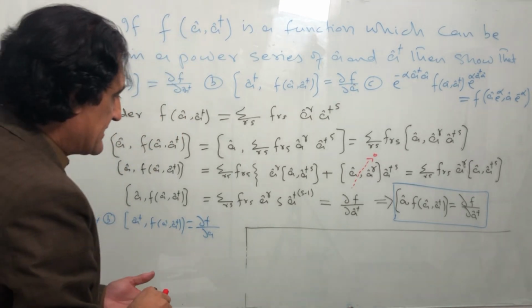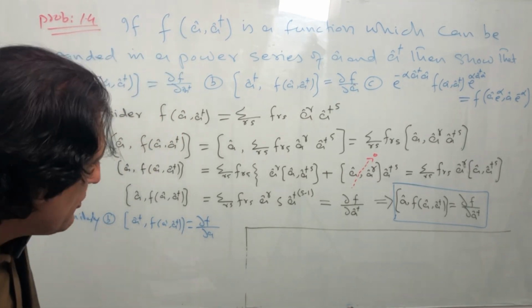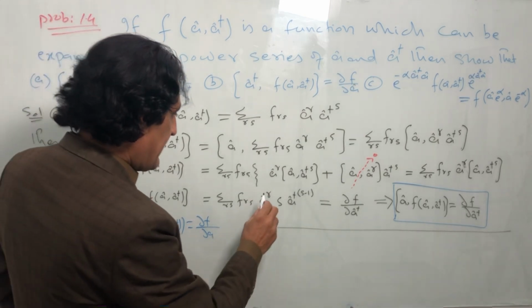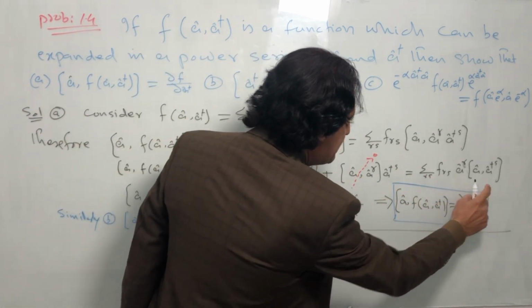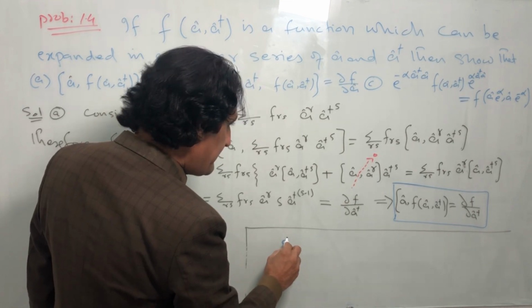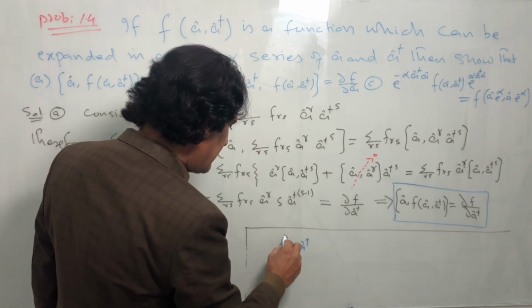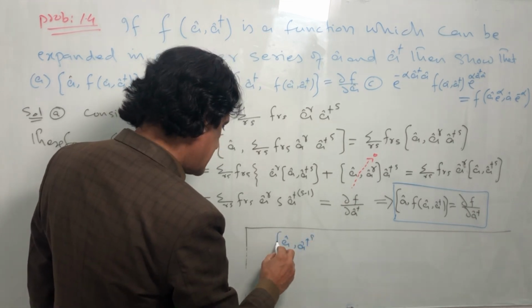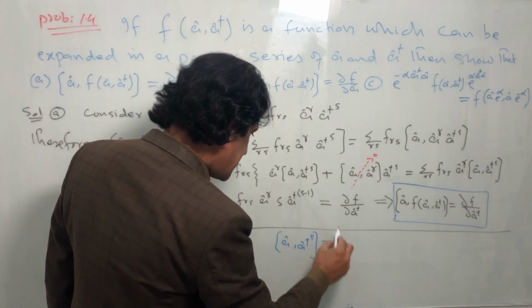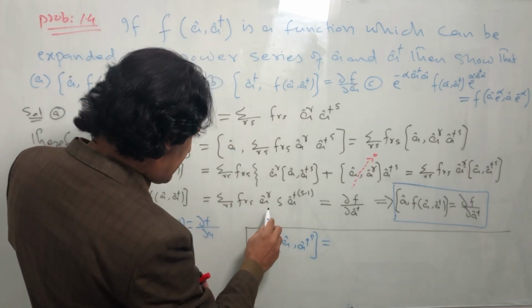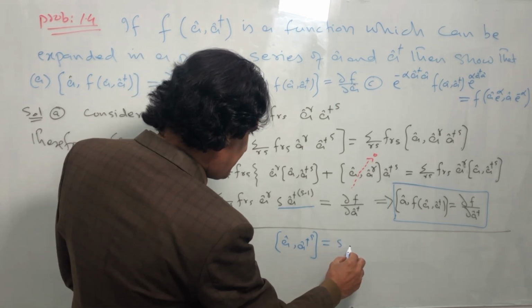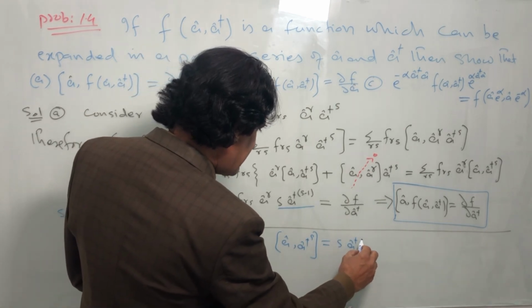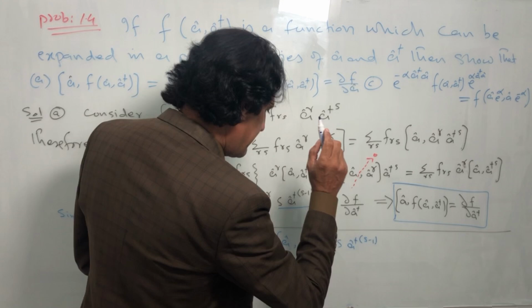Now it is important to know that I have written the commutation of a with a dagger to the S in this form: S a dagger to the S minus 1.